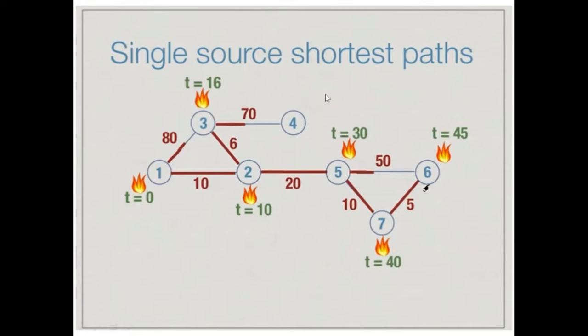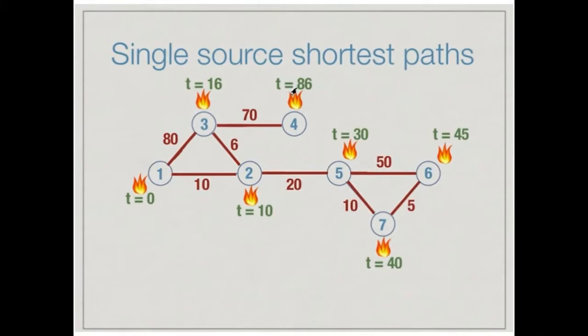So let's move ahead in time, and at t equal to 86 seconds, the third one has already caught fire, the fourth one has already caught fire, and all the other depots have already caught fire.